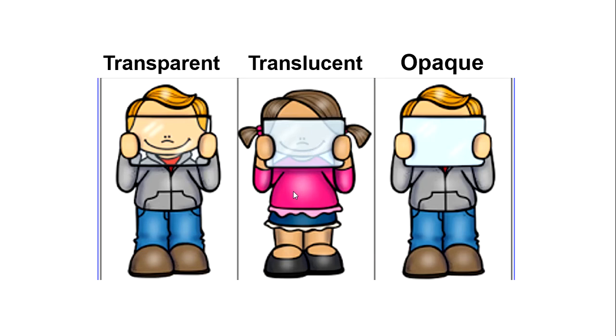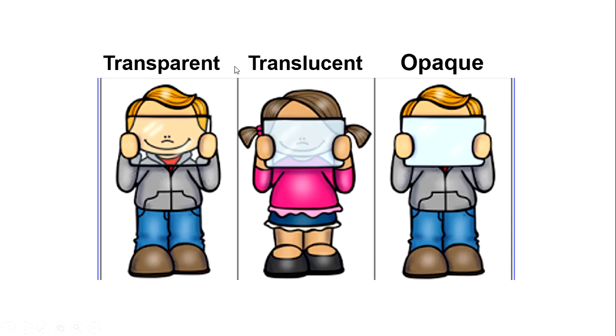Light may also pass through objects. If light is passing through an object, it's called a transparent object. On the other hand, if the light becomes blurry as it passes through an object, that's called a translucent object. And if an object allows little or no light to pass through it, it's called an opaque object.